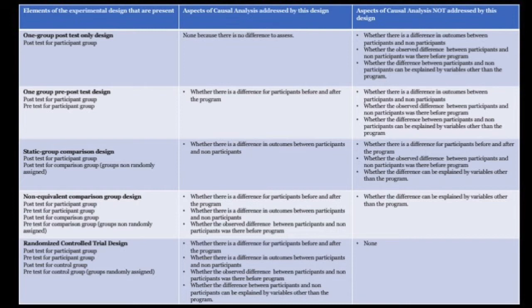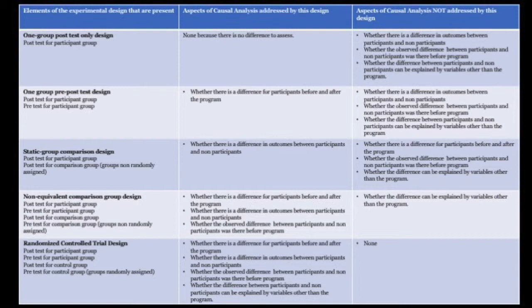Now, with this design, we cannot say that the program caused any change because we don't know if there is a difference between participants and non-participants. And we don't know if this change wouldn't have been there without the program, right? And we don't know if there's some other variable that caused this change other than the program.